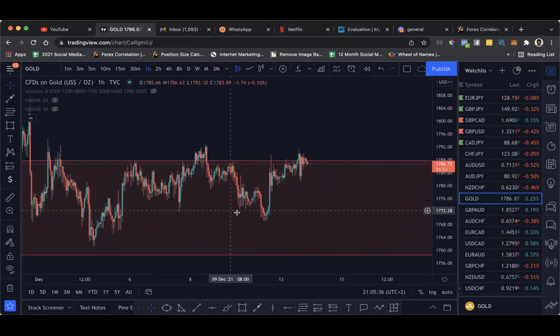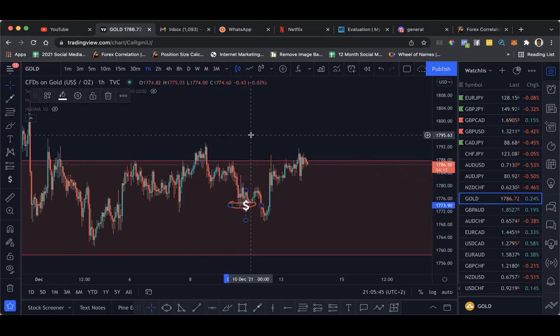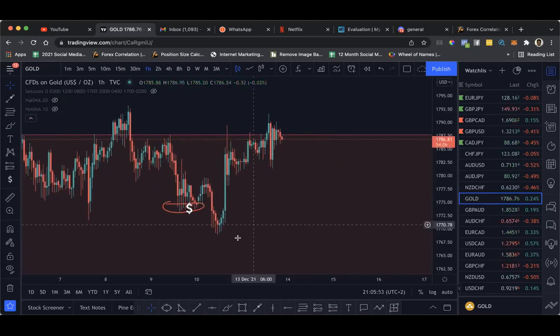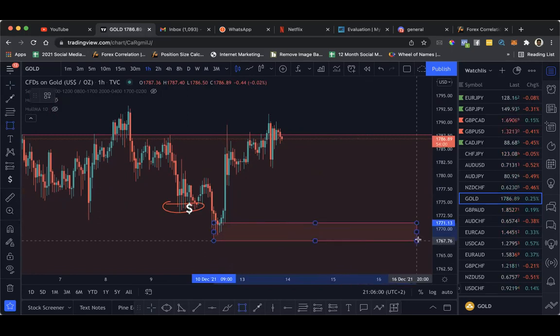You can see this liquidity here. Liquidity that's been grabbed. Okay. And then this is another block here in the zone. Here, drop base rally.